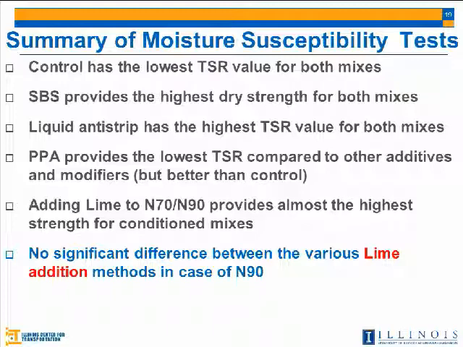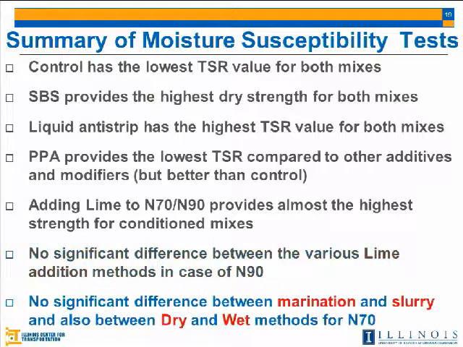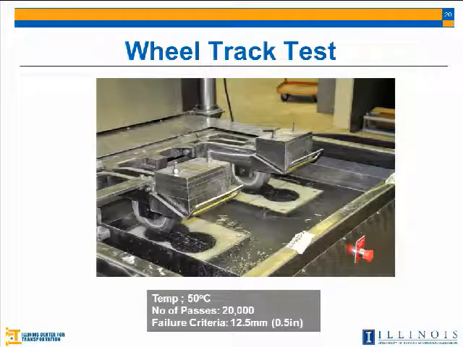For the N90, comparing the lime techniques altogether, there was no significant difference. In the case of N70, there was no significant difference between the marination and the slurry alone, and the dry and the wet methods alone.